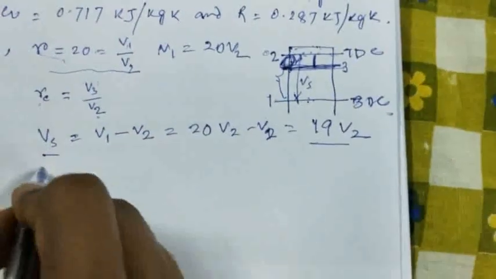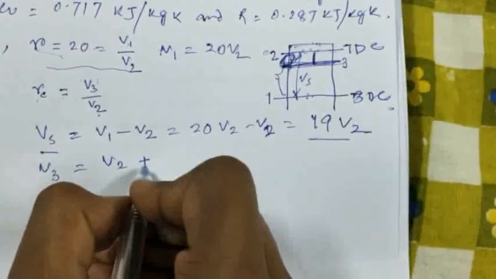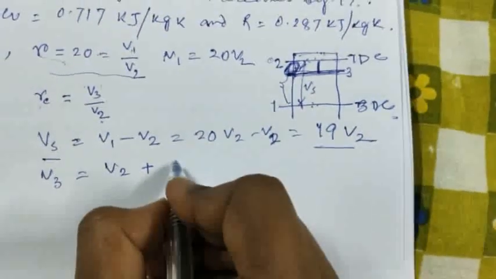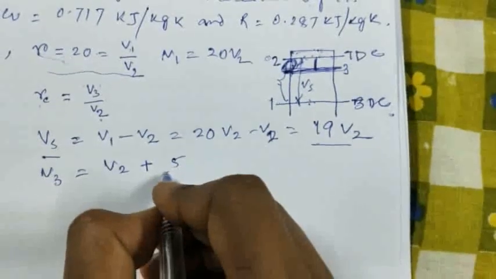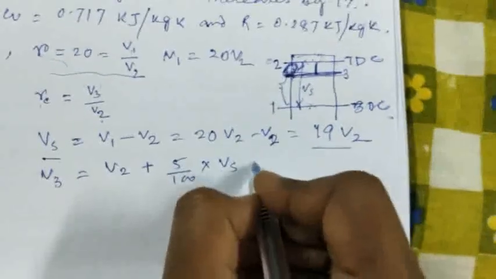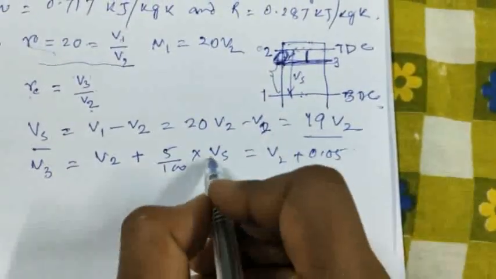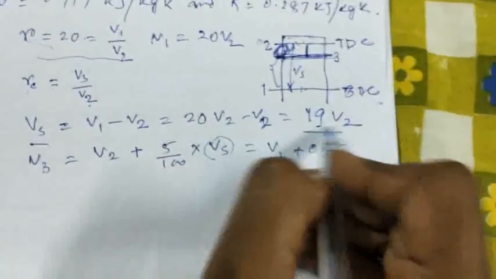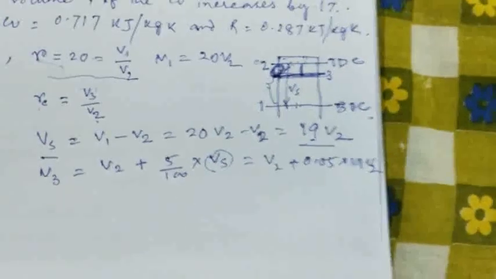V3 will be equal to V2 plus 5% of the swept volume, 5 by 100 of Vs, equal to V2 plus 0.05 Vs, and we can write Vs again as 19 V2.